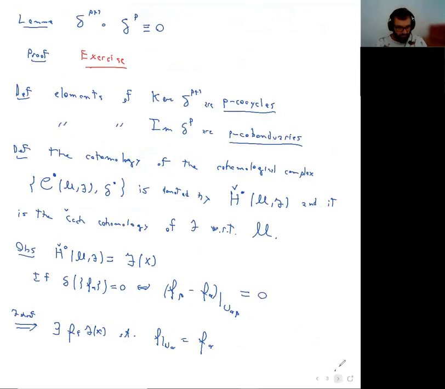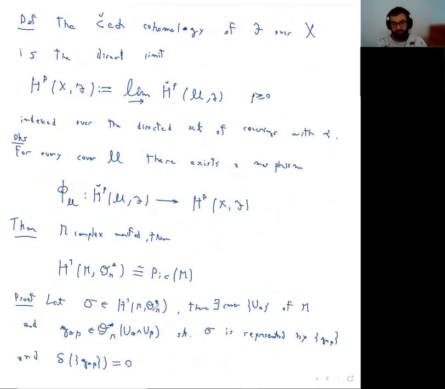Now, O* of M is a sheaf of abelian groups, but under multiplicative notation. So what this means is not that g_alpha_beta minus g_beta_gamma plus g_beta_alpha is 0, but that g_alpha_beta times g_beta_gamma times g_gamma_alpha is the identity. What identity?